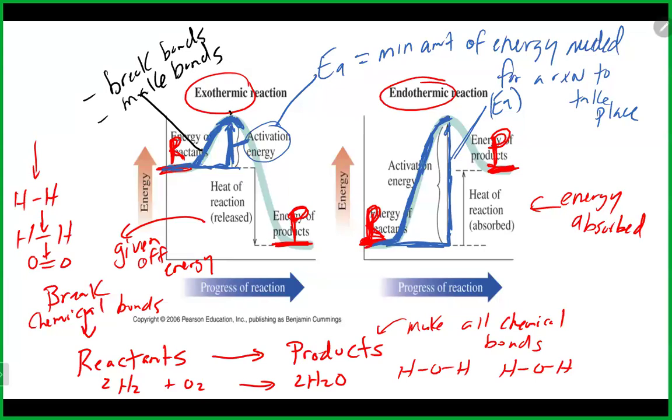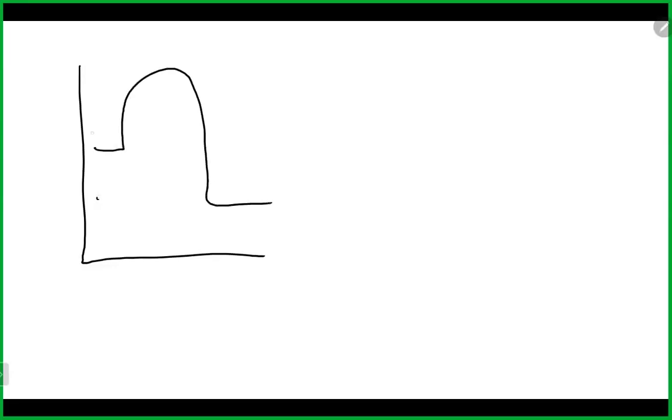And right at the very peak of the hill, which is pretty much your highest point in terms of energy, is what is sometimes referred to as the transition state. So I'm just going to resketch one here. All right, so there's our reactants, there's our products, this is our energy. And we have our activation energy.